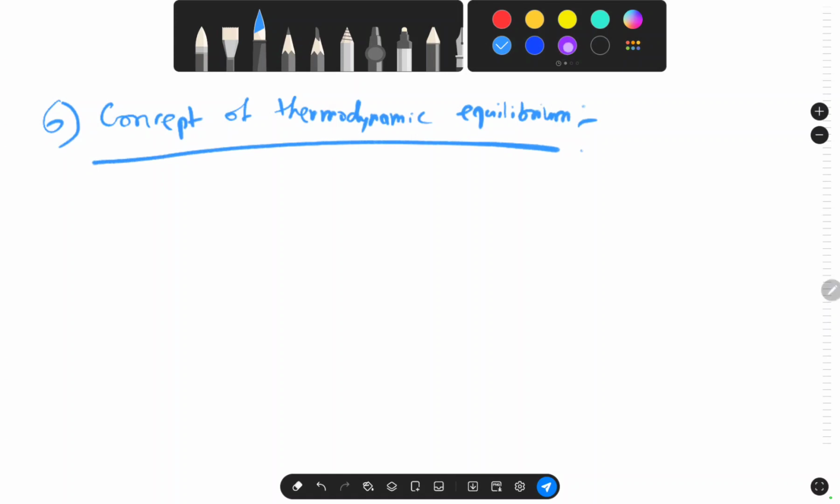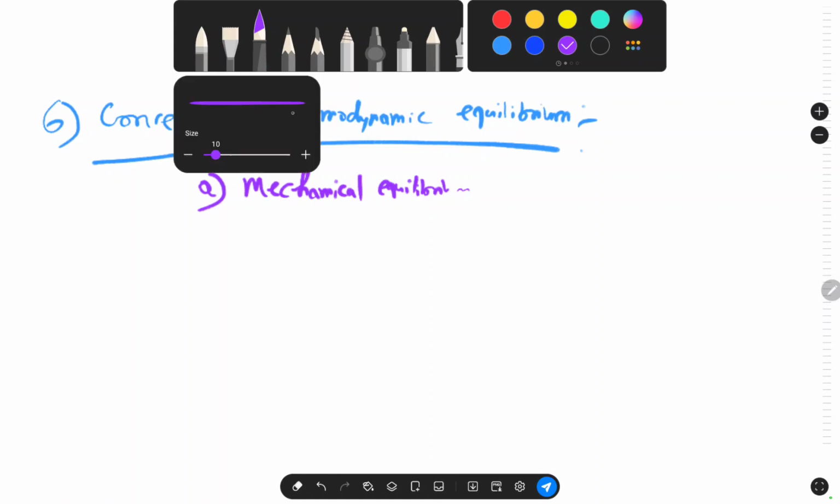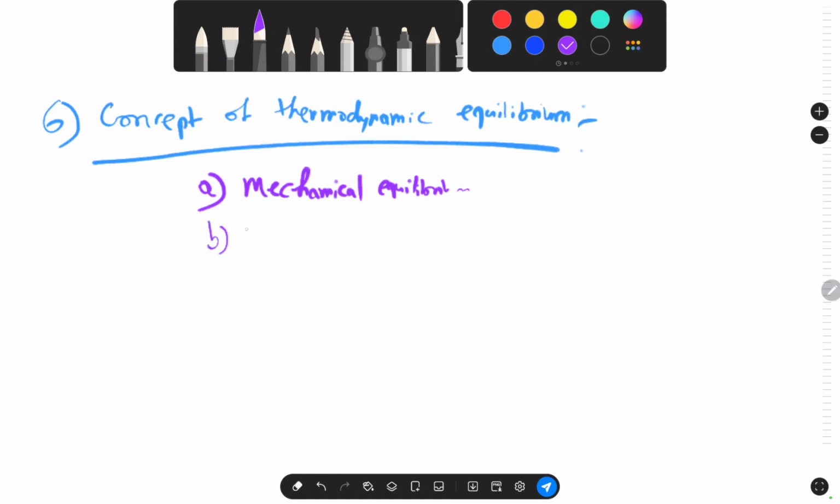We have three parameters: mechanical equilibrium, chemical equilibrium, and thermal equilibrium. When these three conditions are satisfied for a given system, then we can tell that the system is in thermodynamic equilibrium.